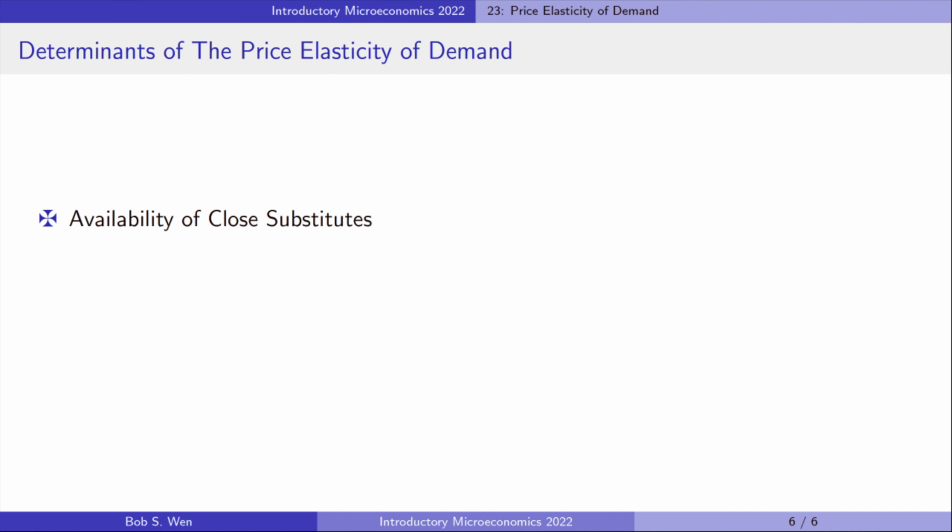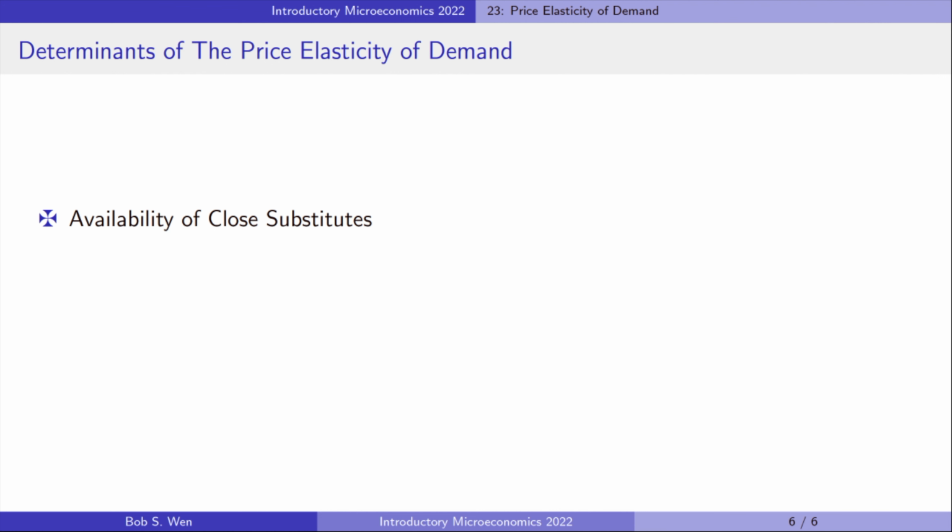Next, let's explore the determinants of the price elasticity of demand. They include the availability of close substitutes, whether the good is a necessity or a luxury, the boundaries of the market, and the time horizon.